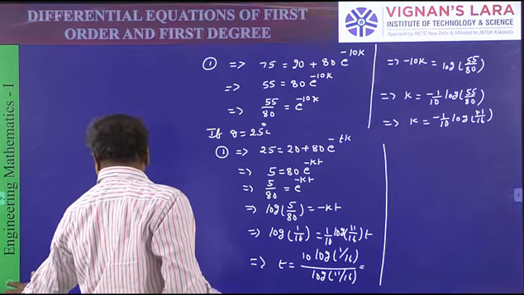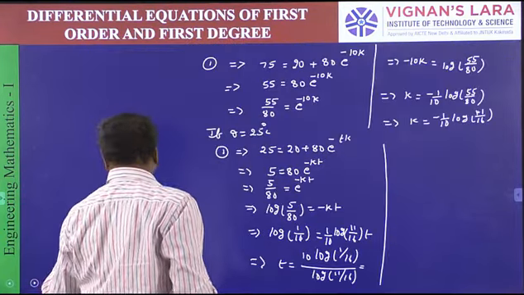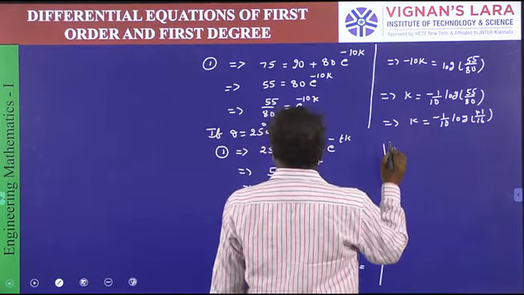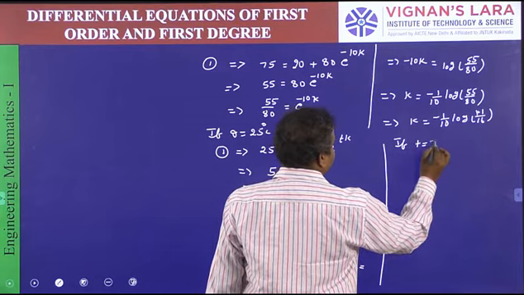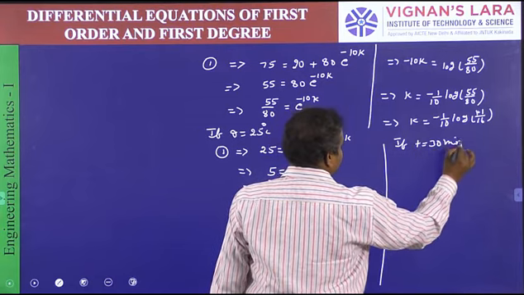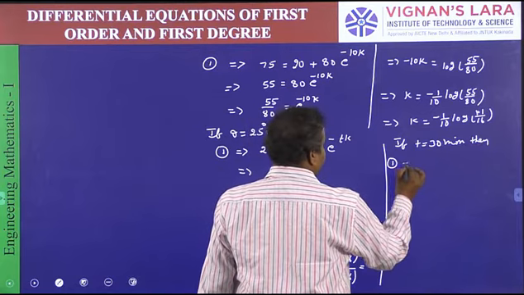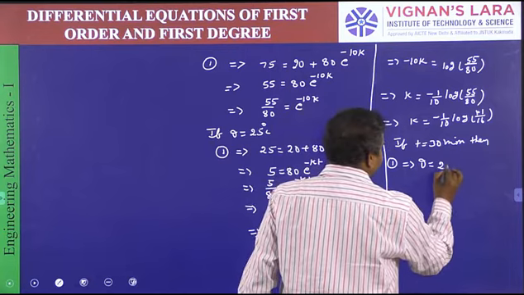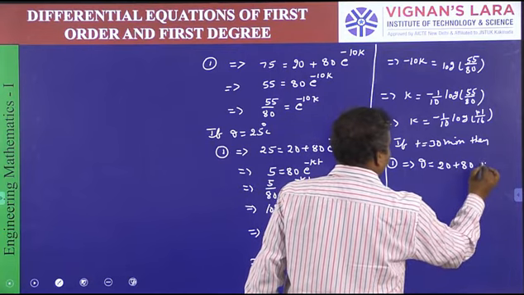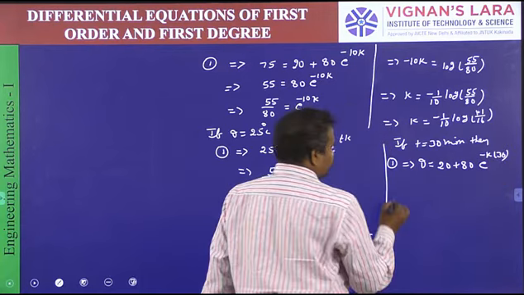Coming to the second question. What is the second question? If t is equal to 30 minutes, then theta. So, if t is equal to 30 minutes, then what is the value of theta? 1 implies theta is equal to 20 plus 80 into e power minus kt. Minus k into t value 30.